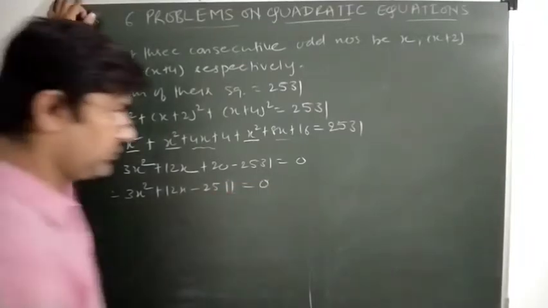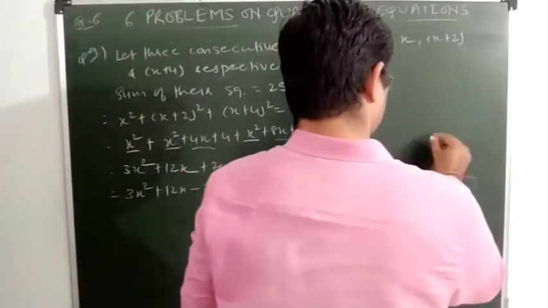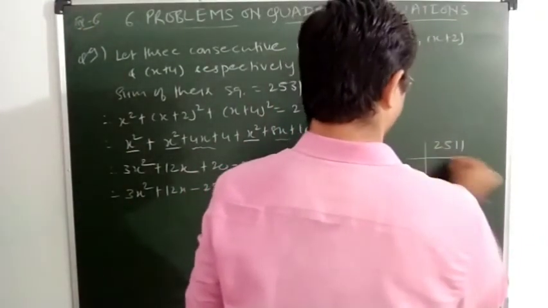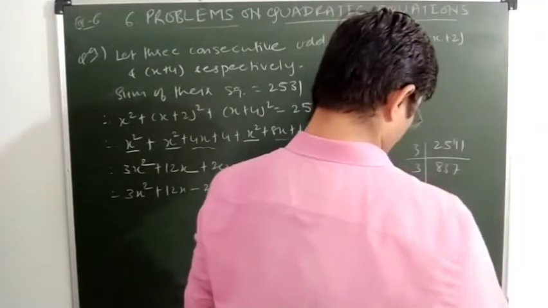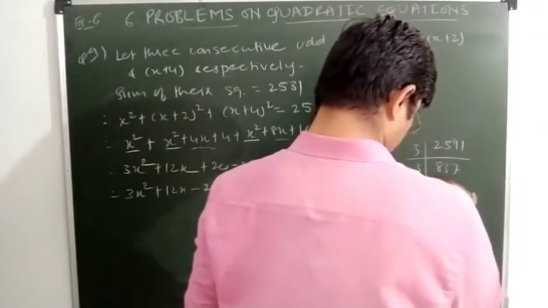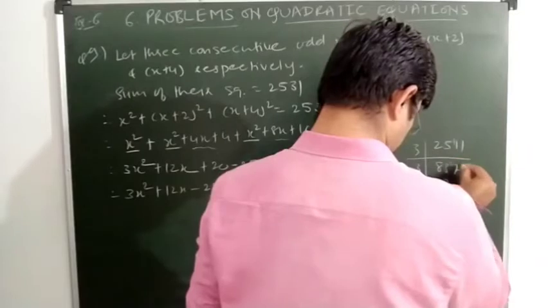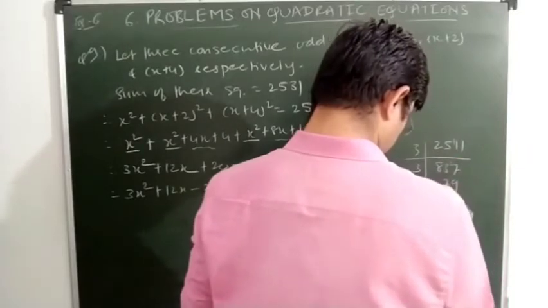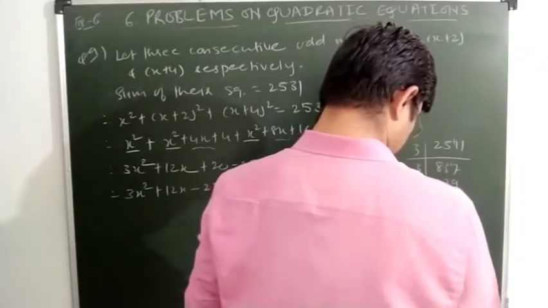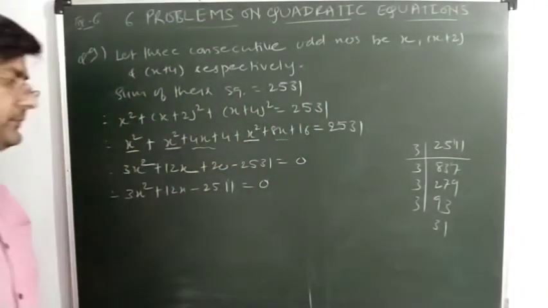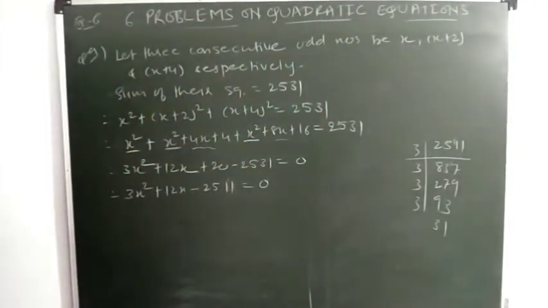Now we will factorize 2511. Okay, so the difference must be 12. So 3 3s are 9, 3 9s are 27, 3 27s are 81.